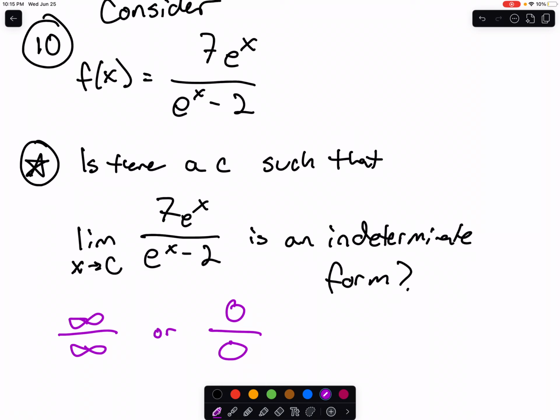But in the numerator, that'll give us what, 14? So is there a c such that this would be an indeterminate form? We would say no. Because we can't find a c such that it'll give us infinity over infinity, or 0 over 0, right? So we would say no.